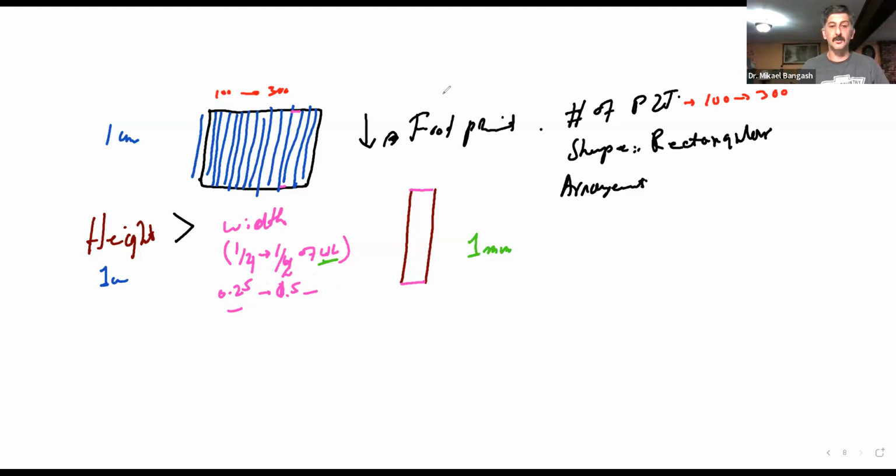Whereas there's no doubt about it that the height is going to be more. Is everybody clear upon that?